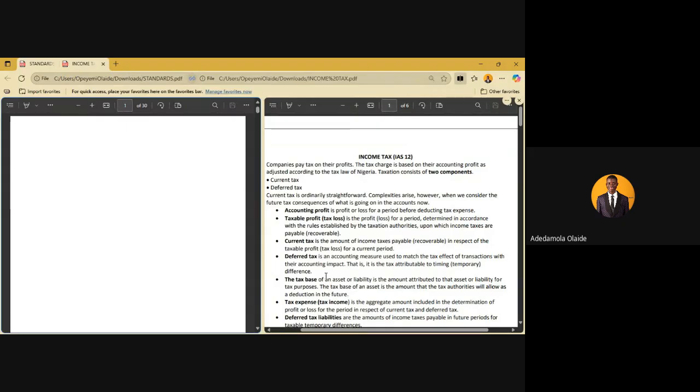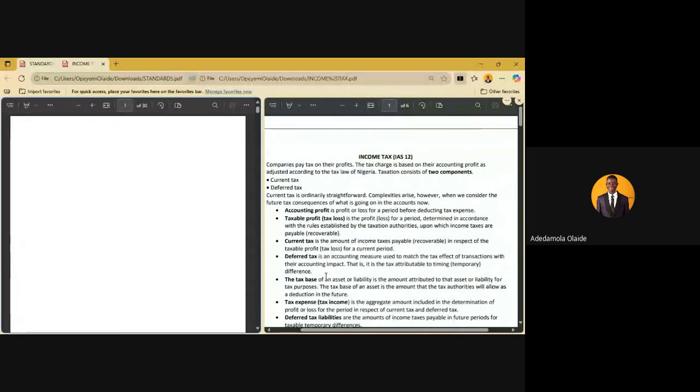So we use deferred tax to bridge that gap between accounting and tax. If because of the provisions of tax law, a transaction creates a future tax liability for us, we use deferred tax to recognize the liability now.